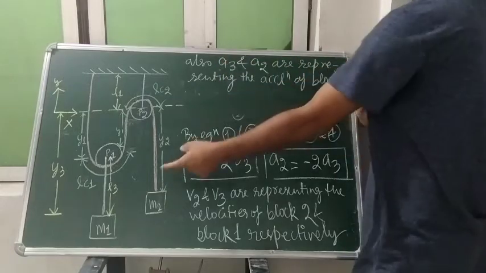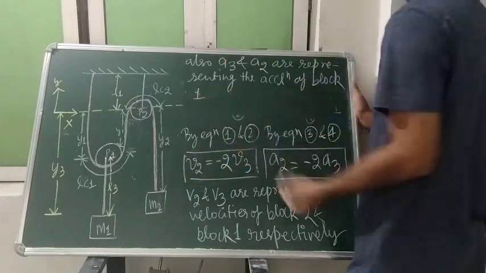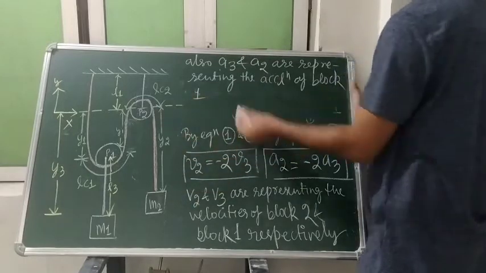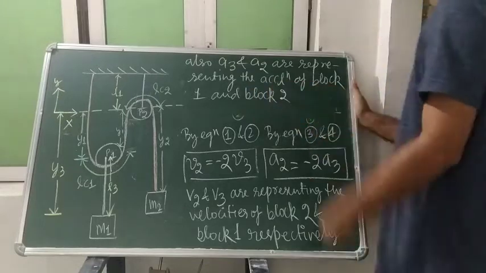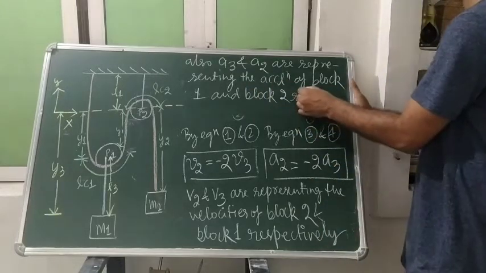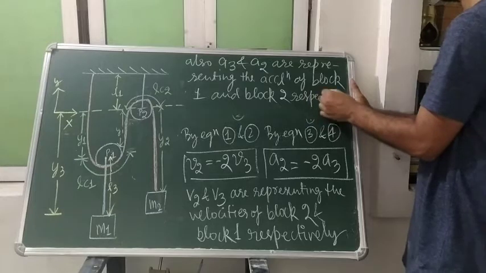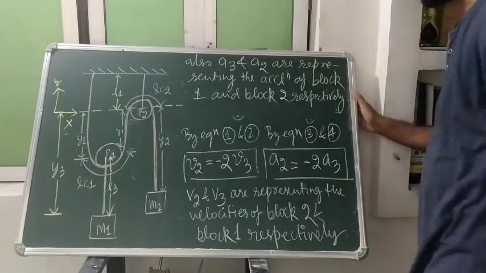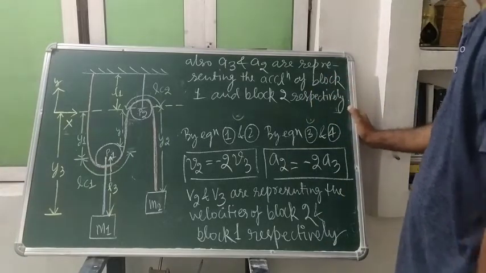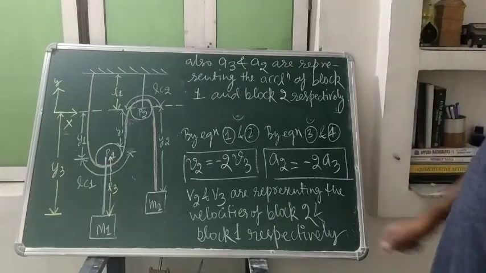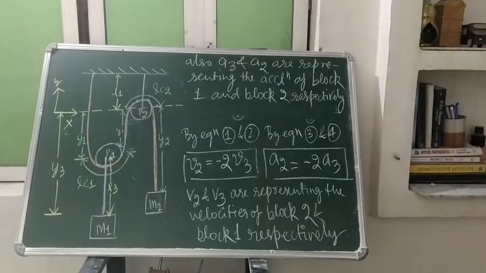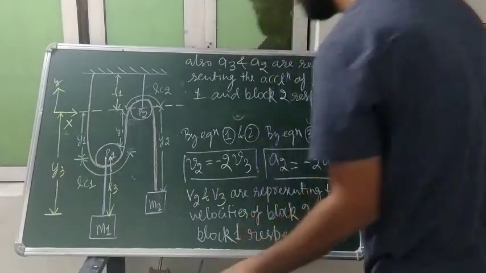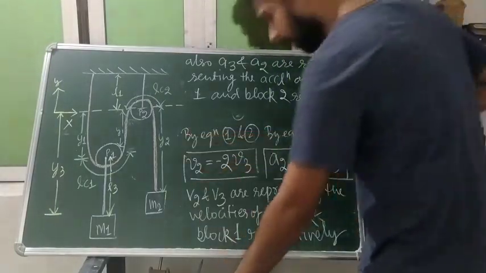A3 is representing the acceleration of block 1, A2 is representing the acceleration of block 2, respectively. Isn't it? So you can write up to here. You can write this as well.